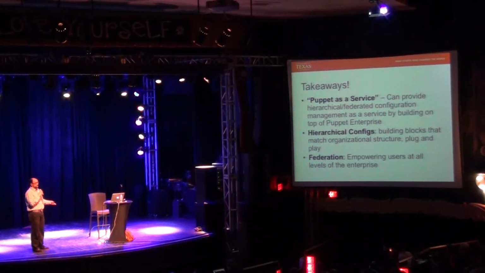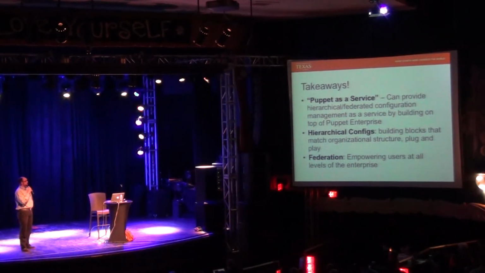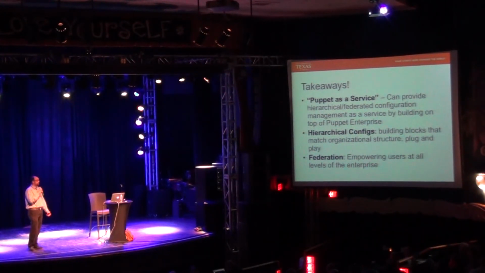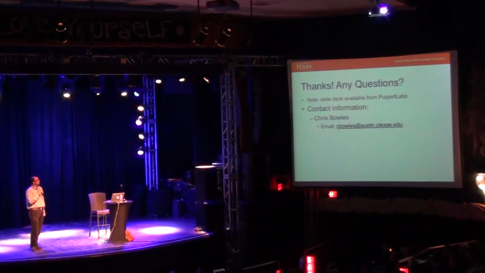Nesting the node groups is a good way of doing it, having smaller bits of hierarchy rather than just the default places. Building a customized hierarchy is good, and you can use that to provide essentially Puppet as a service to your group. Give them the ability to use it themselves, to code their modules and add variables to the modules, using the hierarchy configs, building blocks, allowing plug and play as needed, and empowering users at all levels to develop it, which is good stuff.